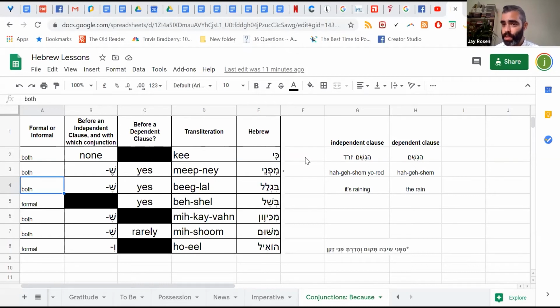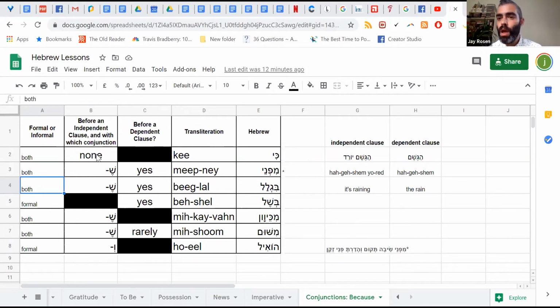So you cannot say in Hebrew, Ani lokech et hamitria, I am taking my umbrella, ki hageshem. You may not say that. You have to say, Ani lokech et hamitria, ki hageshem yored. Okay? So ki must be followed by an independent clause. That's why it's blacked out. If it's blacked out, it means it is not used as such.